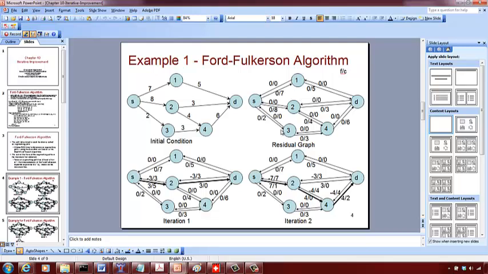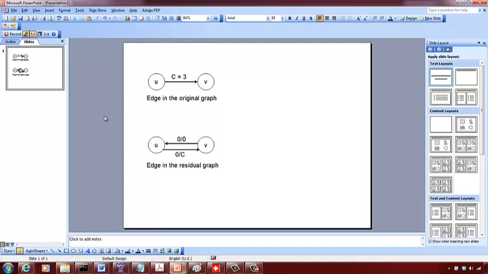Okay, so the way we consider the residual graph is like this. If there is an edge in the original graph from, say, a vertex U to a vertex V of capacity, say, 3, then the edge is represented in the residual graph like this. There's no flow on this edge from U to V, so the flow is 0 and the available capacity is 3.